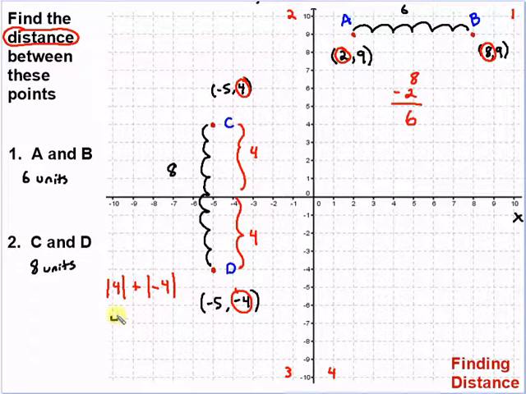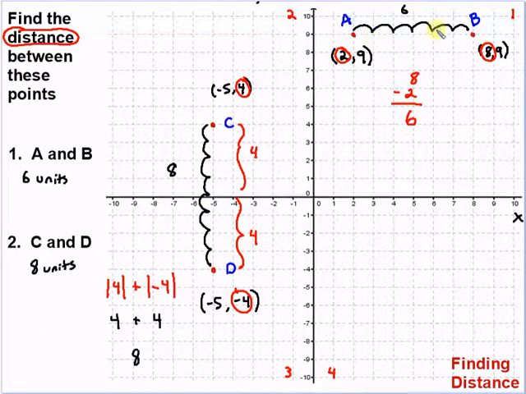Well, the absolute value of 4 is 4. The absolute value of -4 is also 4, remember, because it's the distance from 0. 4 plus 4 is 8. So the distance is equal to the absolute value of the two coordinates added together. That is only if the coordinates are across two different quadrants.